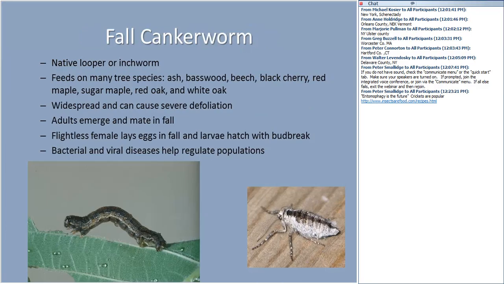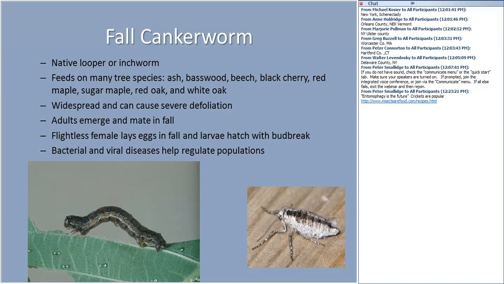Another native defoliator we have is the fall cankerworm. This is a native looper, or inchworm, in the family Geometridae. Lots of geometrids out there. The fall cankerworm feeds on a lot of different tree species. It's not a sugar maple specialist per se, but it does impact sugar maples.